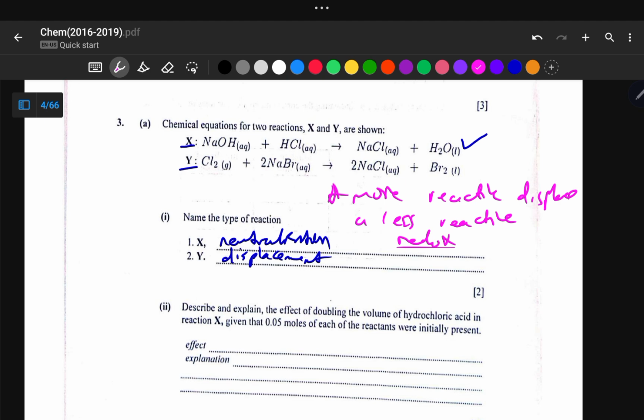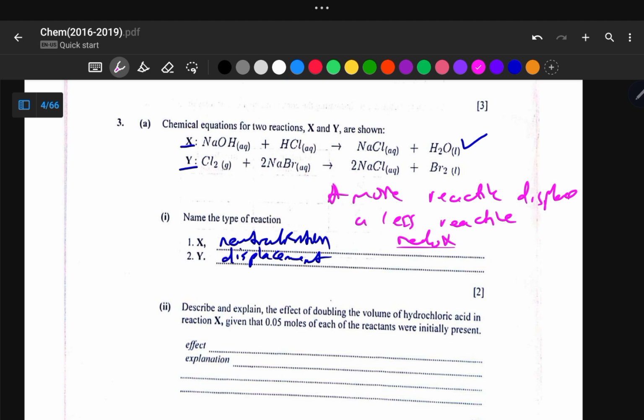We have already covered the reactive series, both for the metals and the non-metals, right? For the metals, the group 1 metals are more reactive, followed by group 2, and lastly group 3. That's the general trend you need to know.